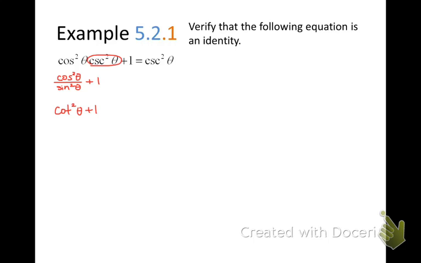That is a Pythagorean identity. We have an identity that says that the cotangent squared of theta plus 1 is equal to the cosecant squared of theta, right? So I need to make sure that I have both of my sides equal by the time I'm done with this, and they do equal each other, so I'm done. Easy as that.